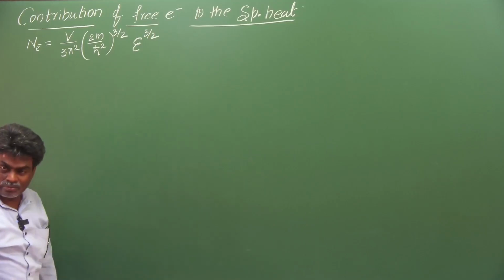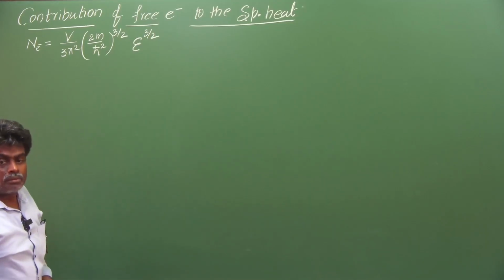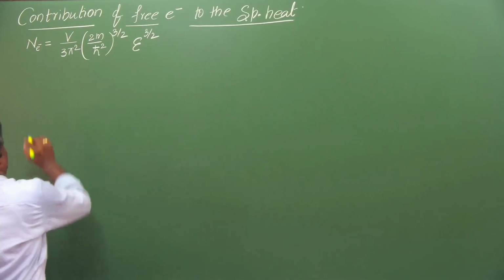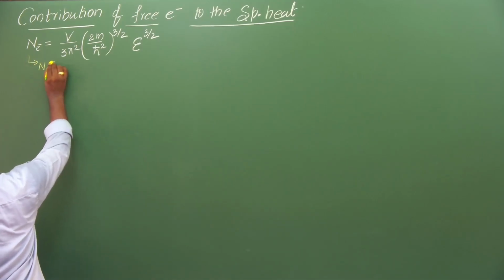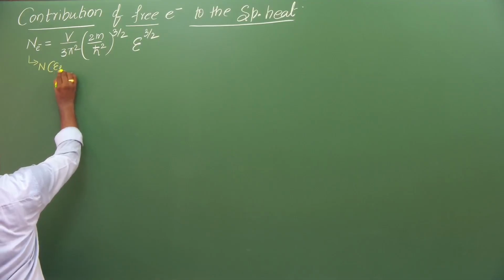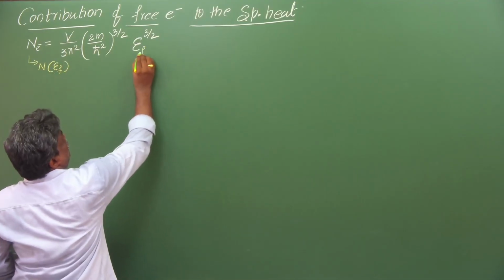Say yes or no? Now we are talking about the number of electrons up to the Fermi level. That's why N of EF, that's why this is EF.